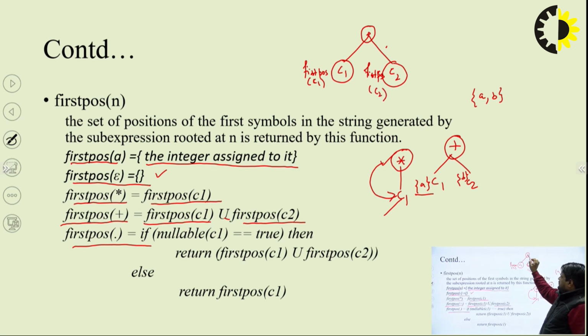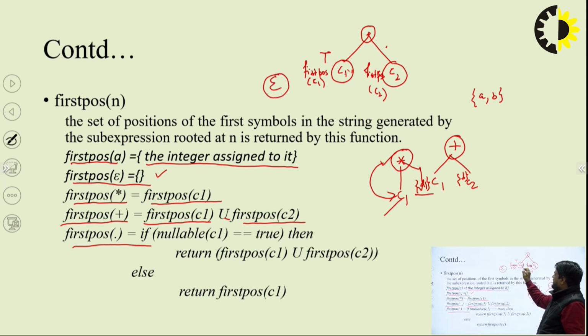Now if you want to find the first position of this, if this particular node generates a nullable value, meaning it is true, suppose the nullable value of C1 is true, right? Then what happens? It has the capability to generate the epsilon value.